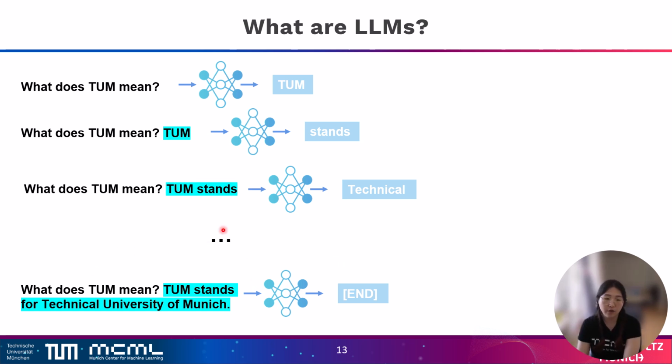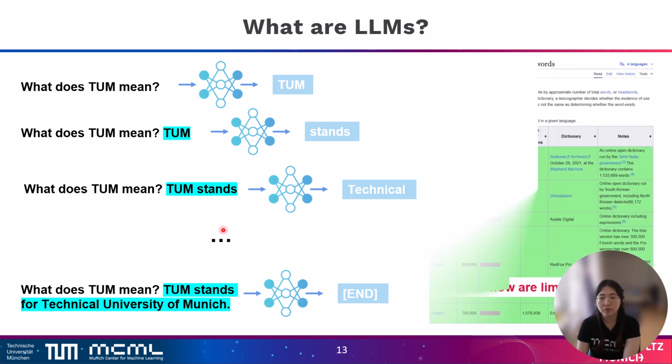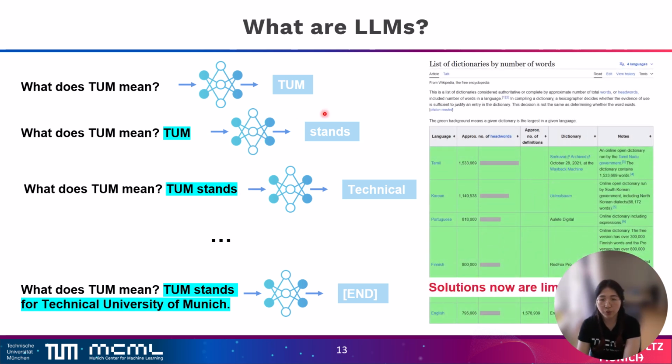So what is the good side of this? The good side is that we change a problem with infinite solutions to limited solutions. What does it mean? Because in every language, the vocabulary set is limited. You can search on Wikipedia.